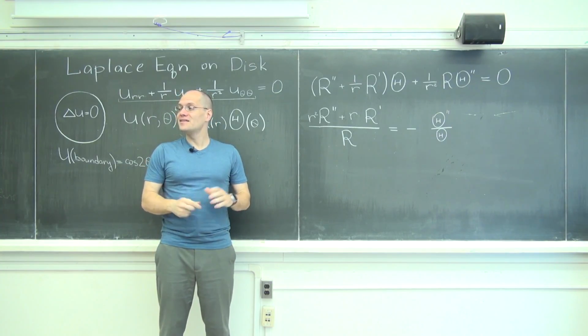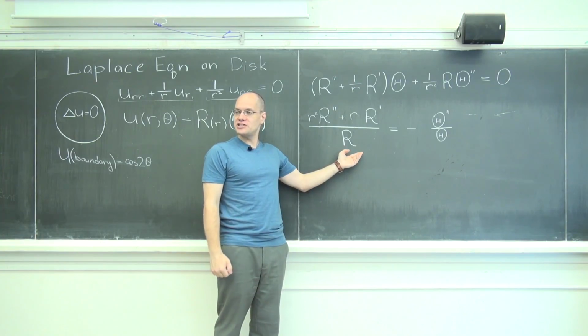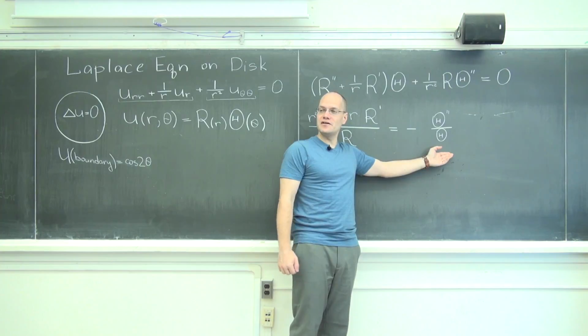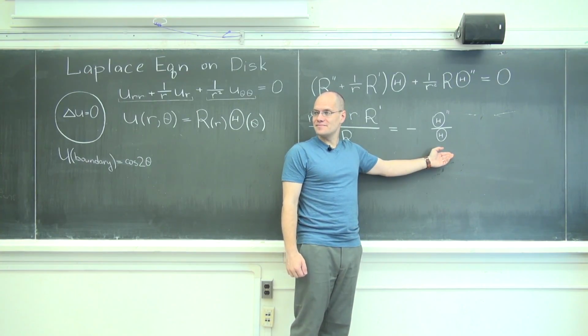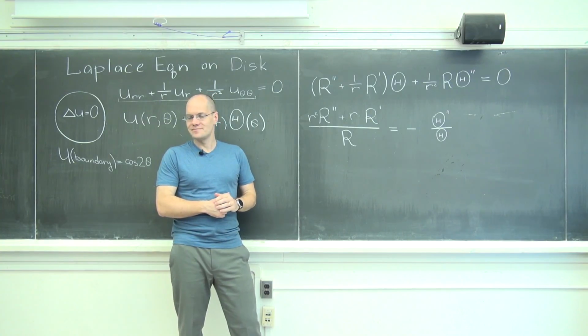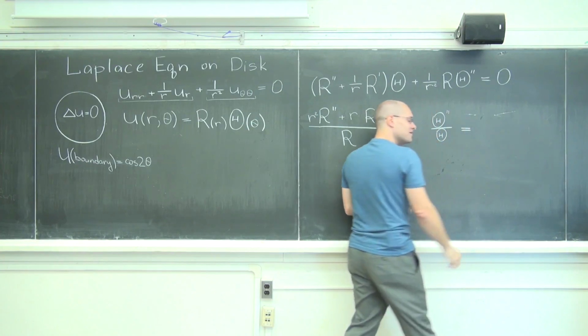Okay. Now we're able to say what we said before. If on the left we have a function only of r, and on the right we have a function only of theta, then both must be constants. And now let's think for a moment.